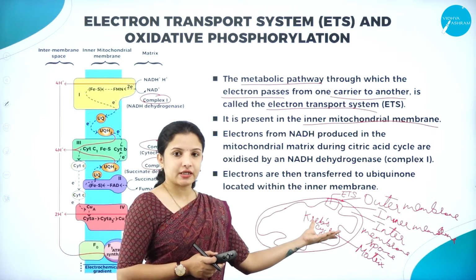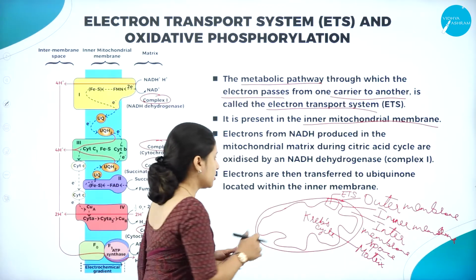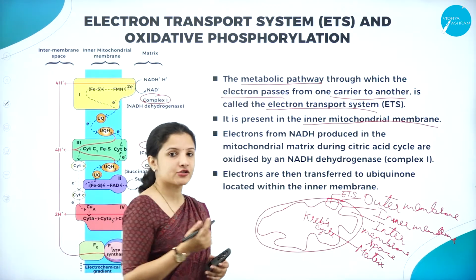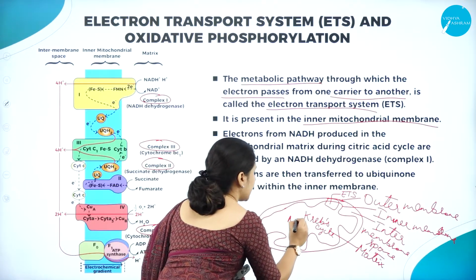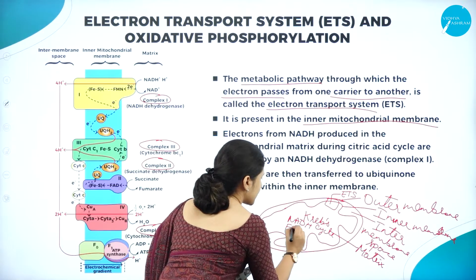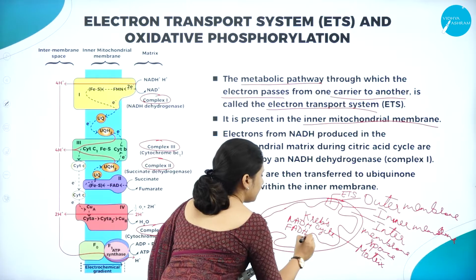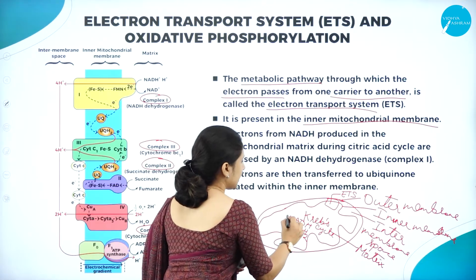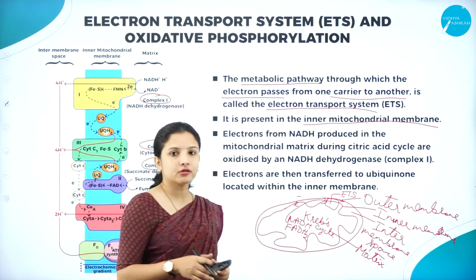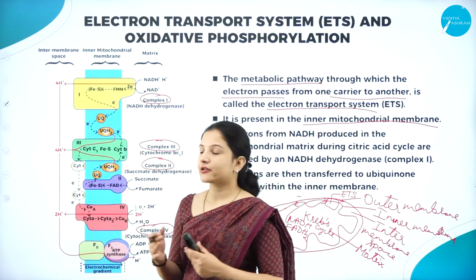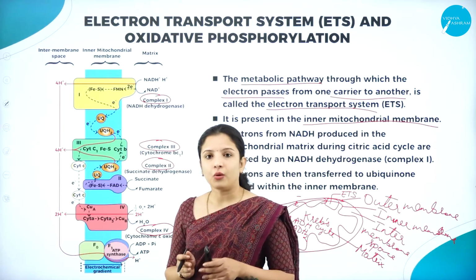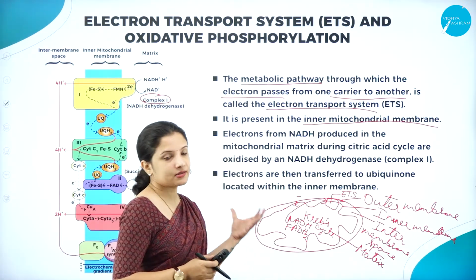We know that in the Krebs cycle, NADH and FADH2 are produced, right? The NADH and the FADH2 that are formed in the Krebs cycle actually supply the electrons for the electron transport system, and those electrons travel through different carriers or complexes. That is how it gets its electrons.